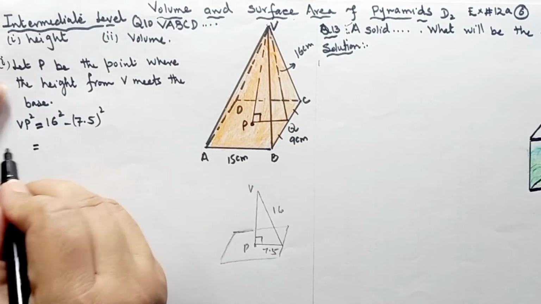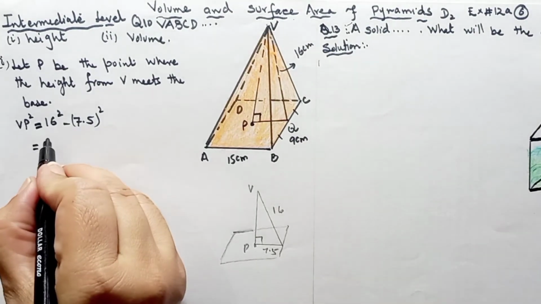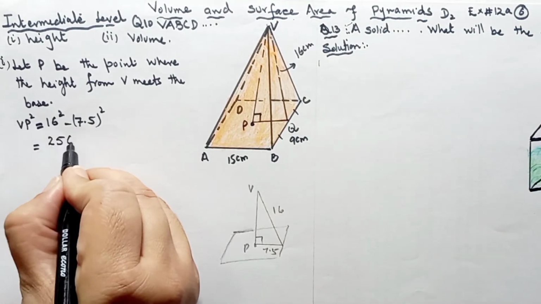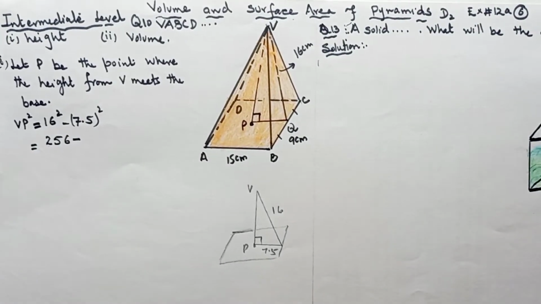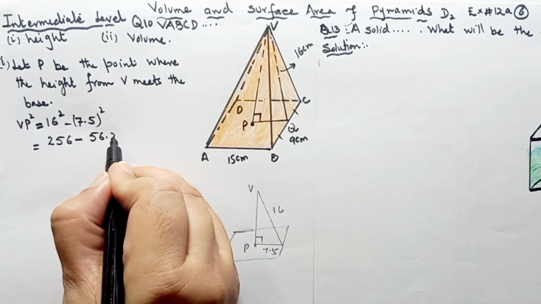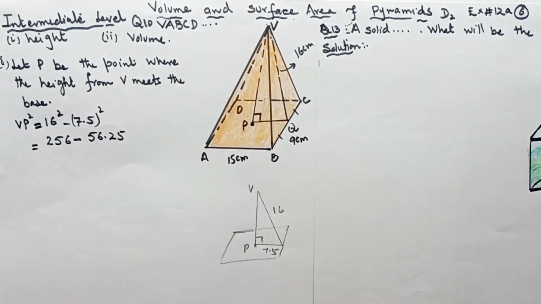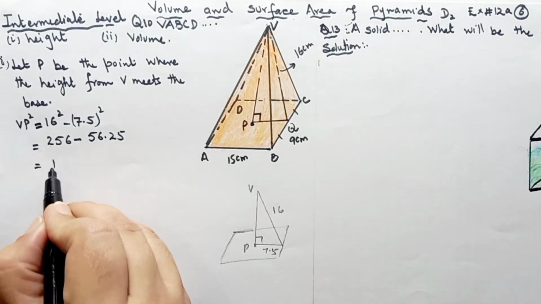Now 16 square is 256, 16 multiplied by 16 is 256, and 7.5 multiplied by 7.5 gives me 56.25. Take away 56.25 from 256, this is 199.75.